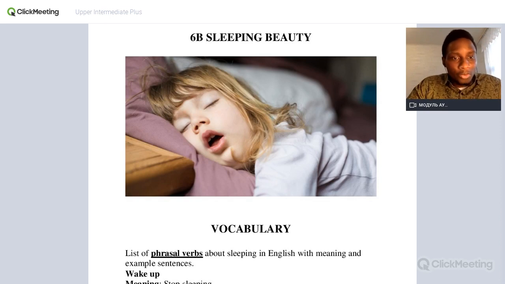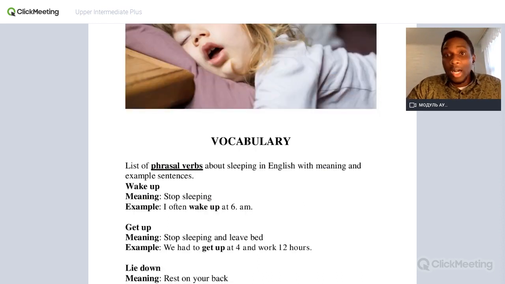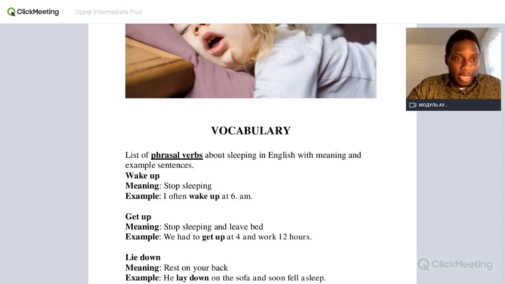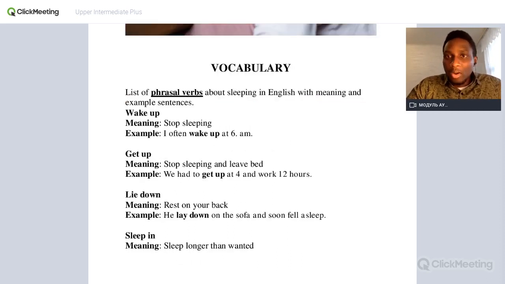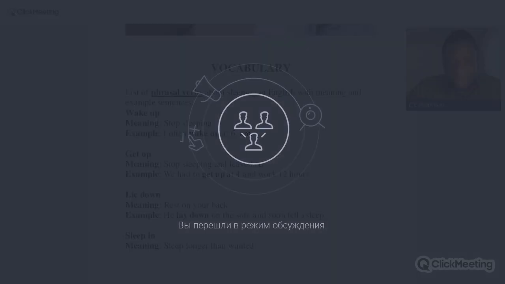So we're going to have a discussion with some of the students here, and then we'll try to make examples talking about our sleeping habits with wake up, get up, and so on.